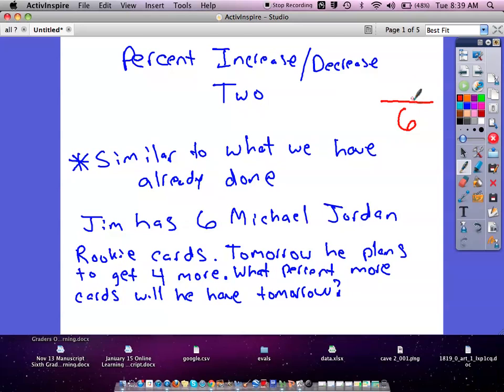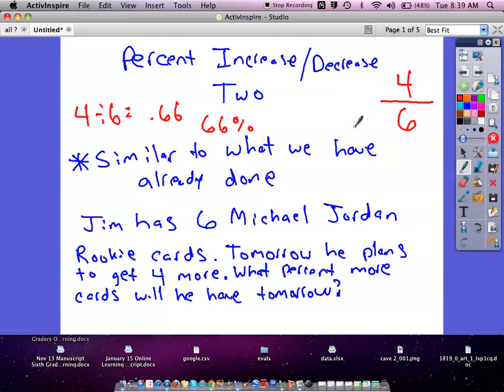On the top, we need the amount that it increased or decreased, and it increased by 4 cards. There is our problem right there. Now we just have to divide it out and see what the percent increase was. So if I do 4 divided by 6 on a calculator, I get this with a lot more 6's, and we can just cut that off and make the answer 66%.